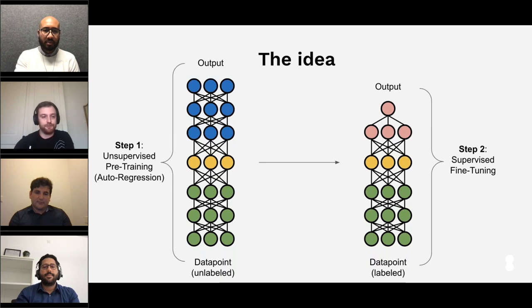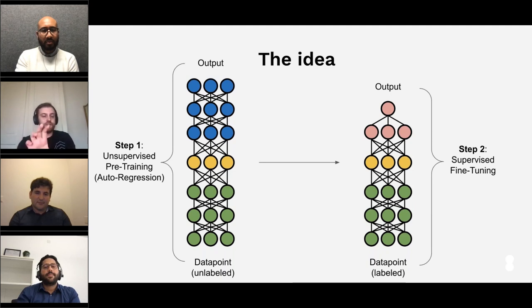If we go a bit closer into the first step on the left side, we see that the network, going from bottom to top, has three parts. The first one is green. You can think of this as an encoder that takes your data point and maps it to a nice vector representation, which is in yellow. Then we have the blue part that takes the vector representation and produces an output depending on which unsupervised pre-training you're using.